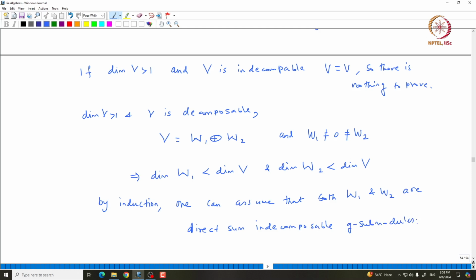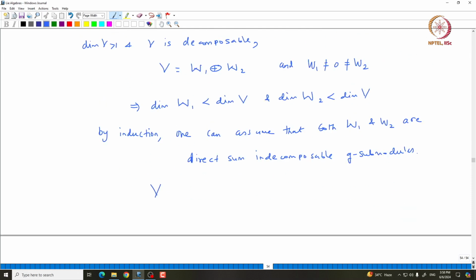Submodules of W1 and W2 will be submodules of V. So, by adding them together, we can see that V is a direct sum of indecomposable G submodules of V.